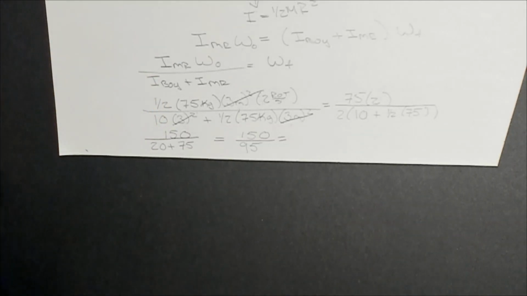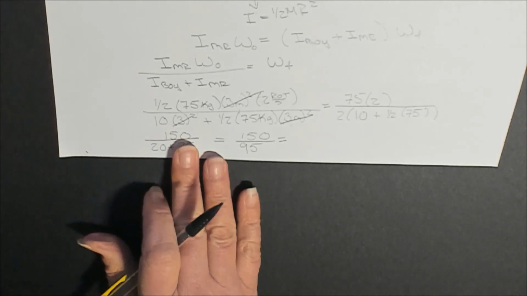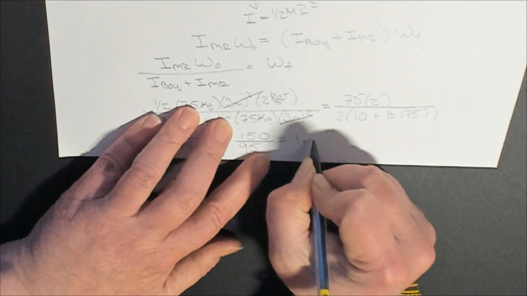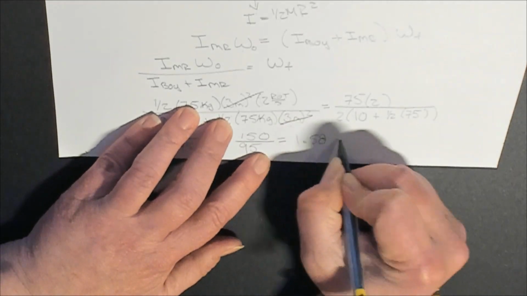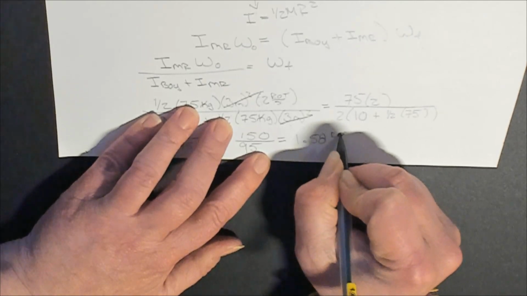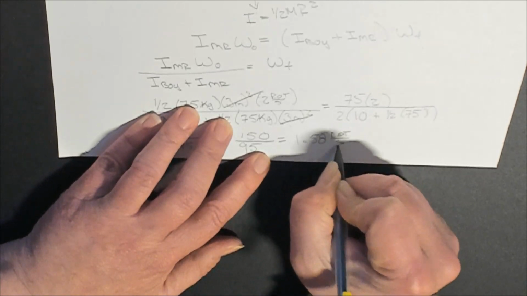Much easier to put in. So 150 divided by 95 tells me that it slows down to 1.58 rotations per second. Cool.